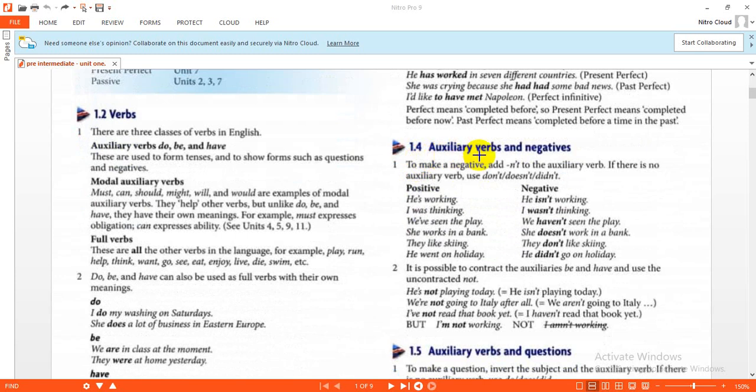1.4 Auxiliary verbs and negative. To make a negative, add n't or not to the auxiliary verb.